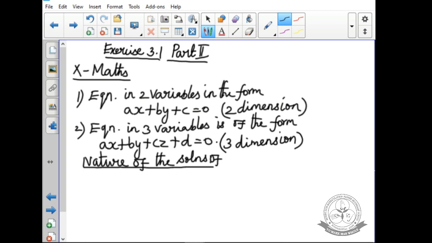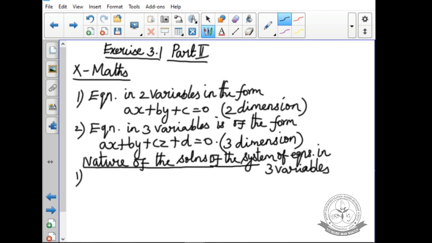of the system of equations in three variables. You already studied in 9th standard about the nature of the solution in two variables. Here it is three variables.